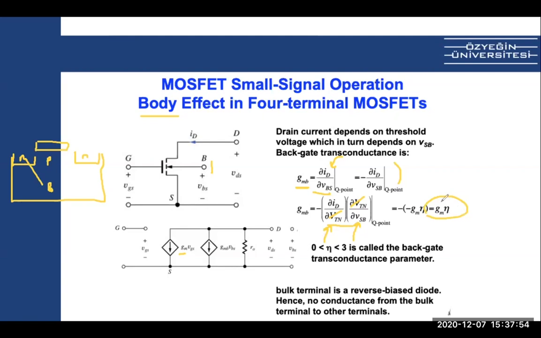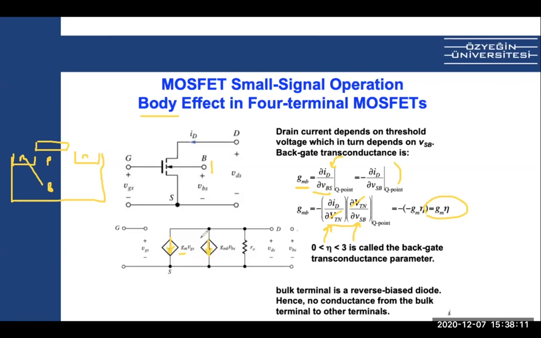And now this is another parameter that defines our current flow. So we already introduced this. Now you are introduced to another current source that is defined by your body.